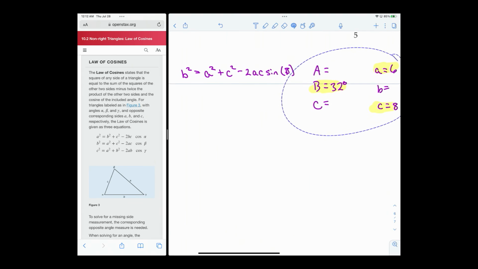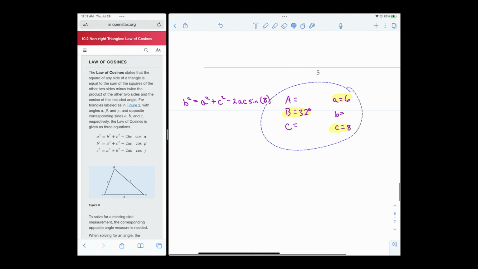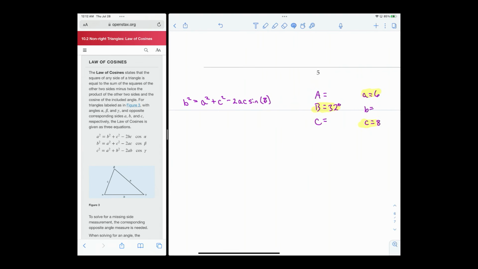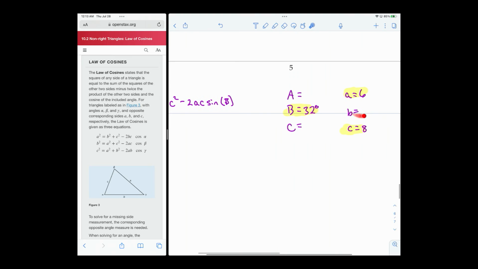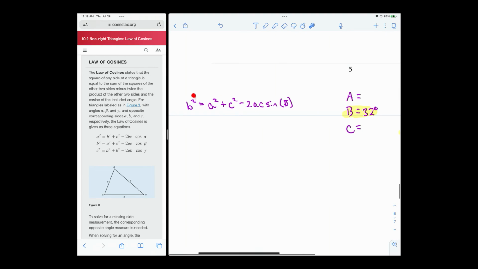Okay, so here's what we have, right? I want this form of the law of cosines because I'm looking for little b right now, and little b is pretty close to being solved for. So that's why I used this version of the formula.